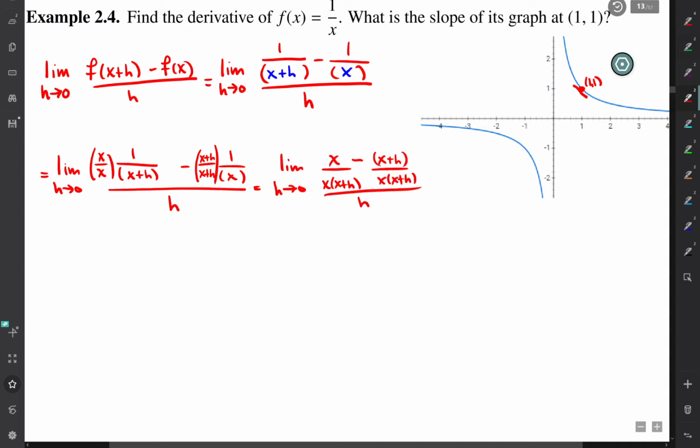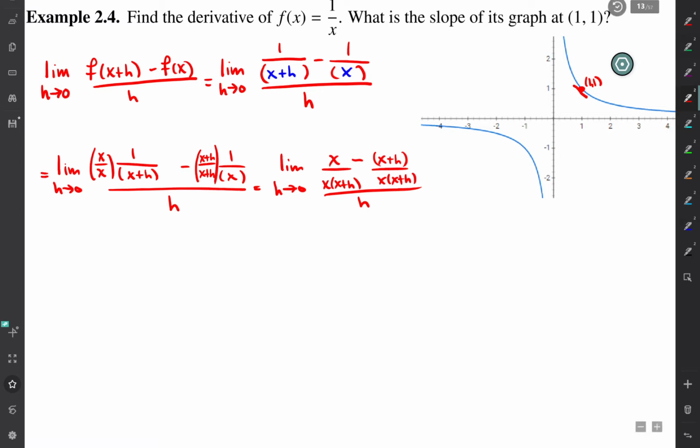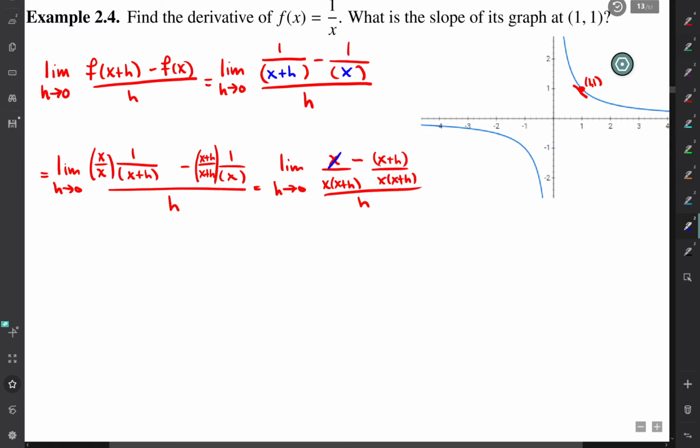And now since I have a common denominator, I can actually add those together. So this is going to be x minus x, and I'm going to get a minus h when I distribute that negative sign in there. So this is the limit as h goes to 0 of negative h over x times x plus h. And then I'm dividing by h, which would be the same as multiplying by 1 over h.